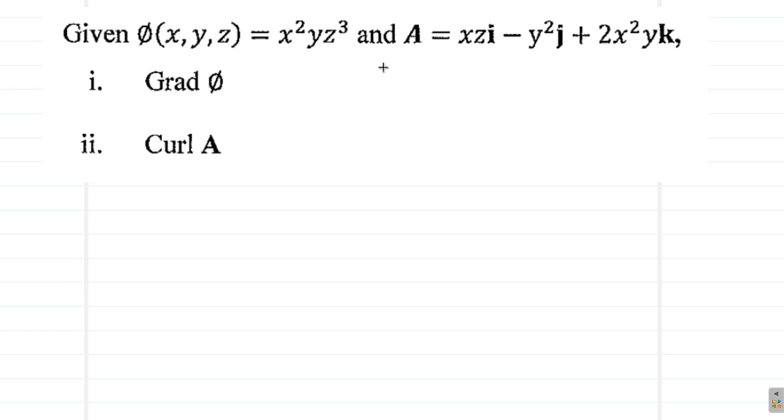You wouldn't really be able to find the grad of a vector. You find the grad of a scalar. And then the divergence and the curl, even though we're not asked for divergence here, you find those for a vector, right? And you get a vector.